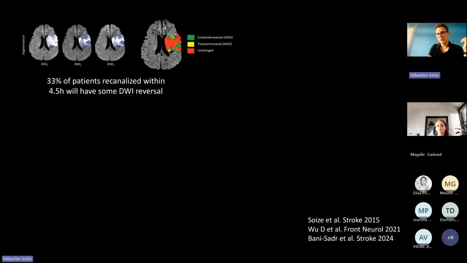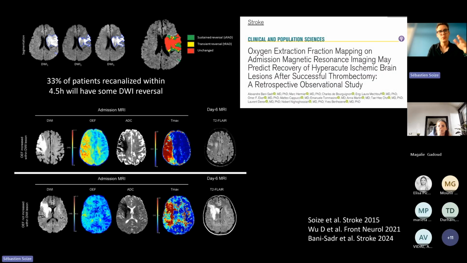And beyond the tissue that can be saved with the penumbra, there are plenty of definitions of the core and the penumbra. Usually, most people use the definition of DWI positivity or CBF less than 30% in CT.